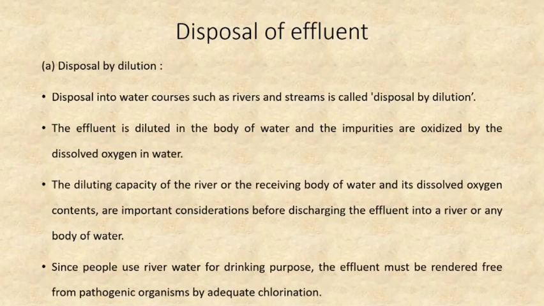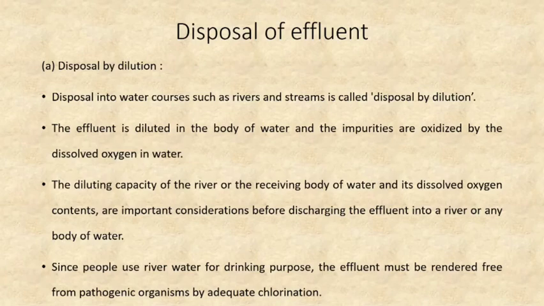So the diluting capacity of the river or receiving body of water and its dissolved oxygen contents are the important consideration before discharging the effluent into the river. Since people use river water for drinking purposes, the effluent must be rendered free from pathogenic organisms by adequate chlorination.